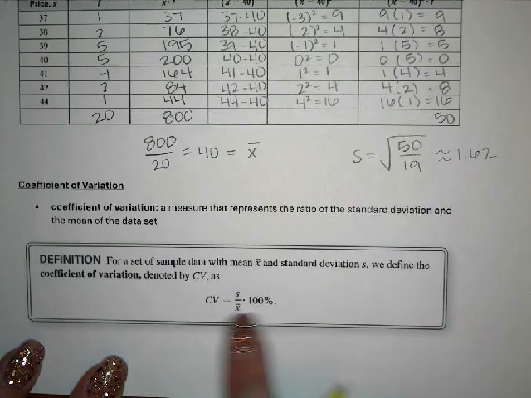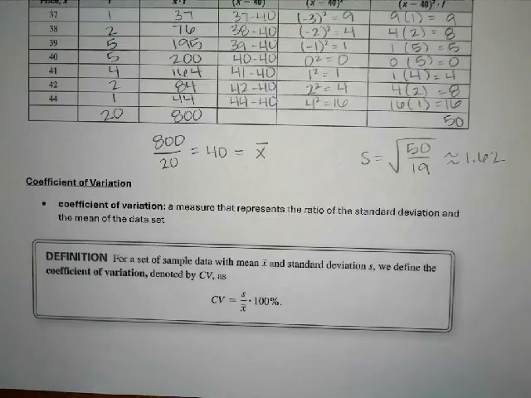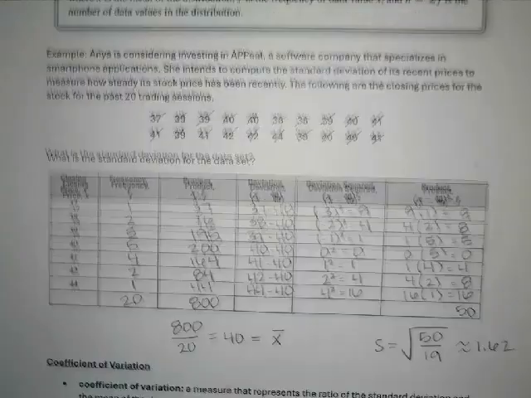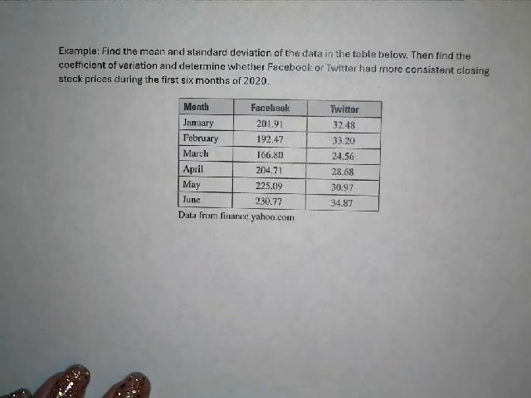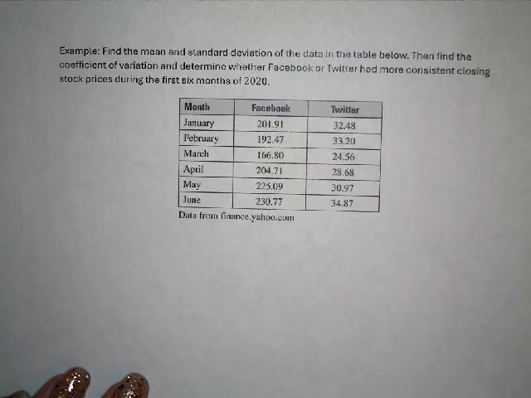So we're going to do this for one example problem. It says find the mean and standard deviation of the data in the table below, and then find the coefficient of variation and determine whether Facebook or Twitter had more consistent closing stock prices during the first 6 months of 2020.